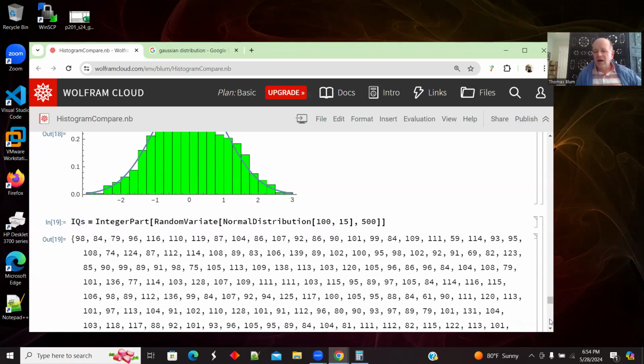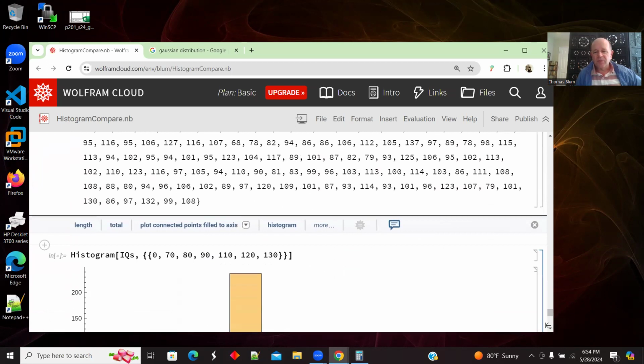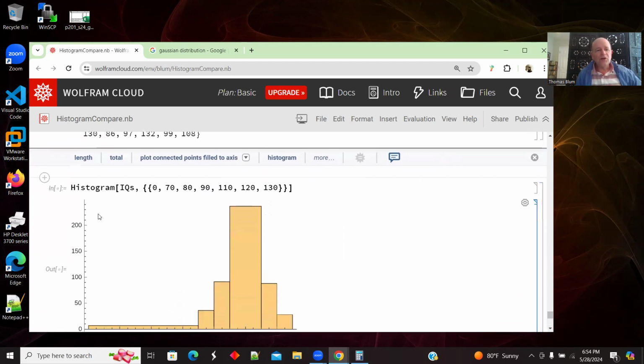And then just because I want to motivate this other version of the bin spec, what you can make is a histogram of the data, IQs.